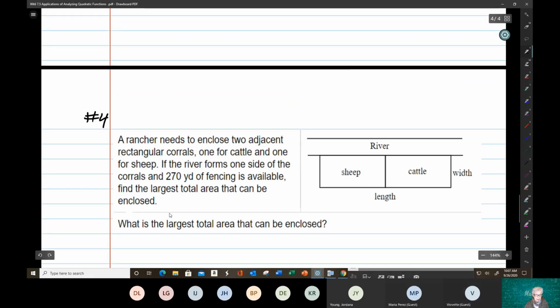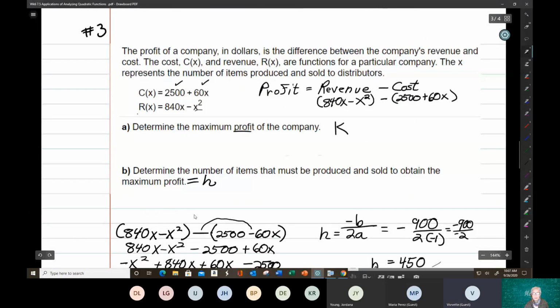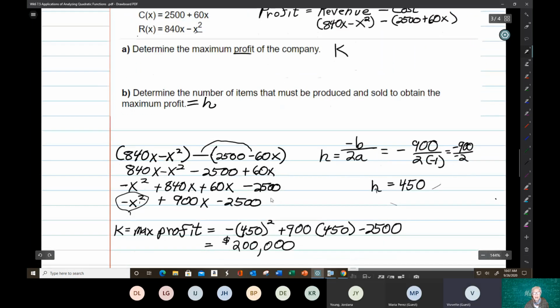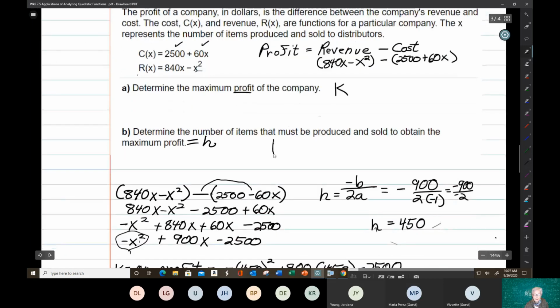Okay. Miss Barbara? Yes. I'm sorry. No, don't be sorry. What I don't understand is the negative 900 over the 2 times negative 1. Where did the negative 1 come from? Okay, H equals negative B over 2A.